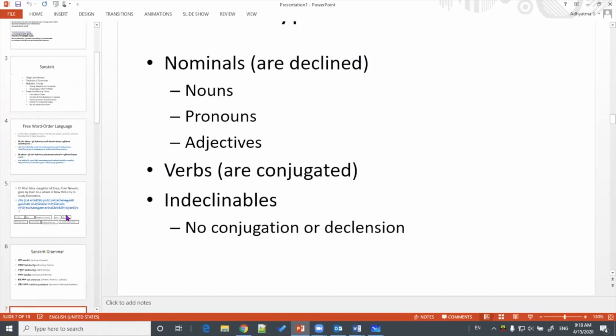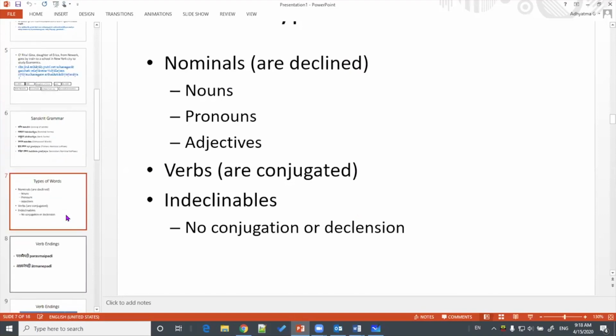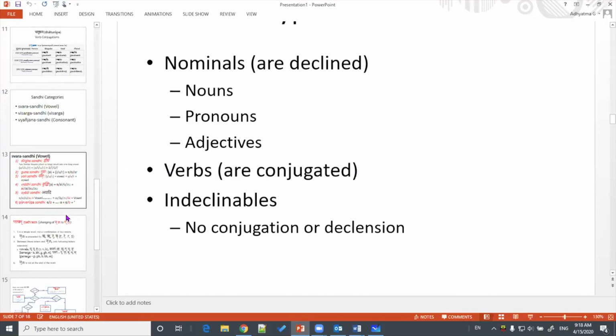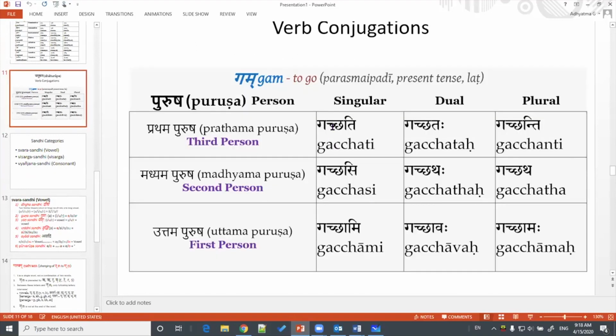So if you look at the gam table, which we chant every day at the start of the class, that table is gacchati, gacchatah, gacchanti. That means all the verbs will come in this 3 by 3 table format. This table consists of persons.